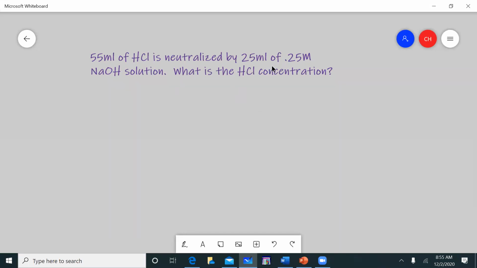I'm going to have you work on this on your own. It's very similar to the last one we did. I'd write a balanced equation. It's the same balanced equation. Figure out compound A, compound B, what path you want to take, what your knowns are, go from there. So I'll give you 7 minutes for this one.